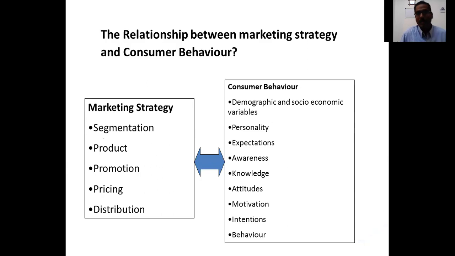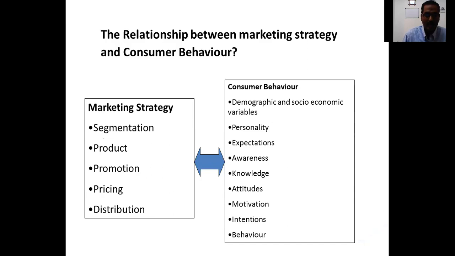So now we are going to discuss why we are studying consumer behavior in marketing and how very important it is. Here, on the left hand side, we have marketing strategy and what comes under that, and then on the right hand side is consumer behavior. So what are the things that come under consumer behavior?